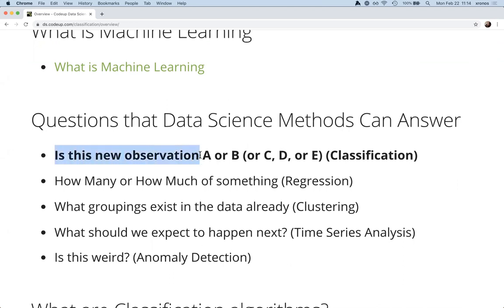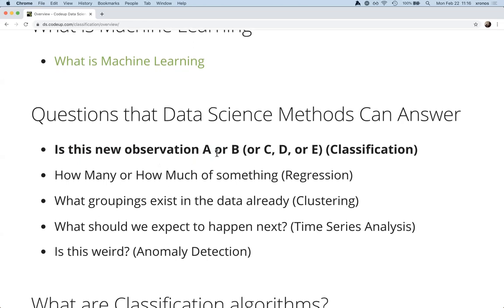Classification is going to help us make predictions on if this new observation, a specific individual in a telco churn data set or a specific employee in an HR data set, is this new observation A or B? Or is it C or D or E or something else, right? So we're trying to classify something, and our outcomes could be binary, or they could have multiple categories, right?